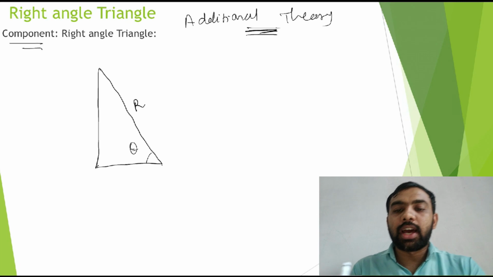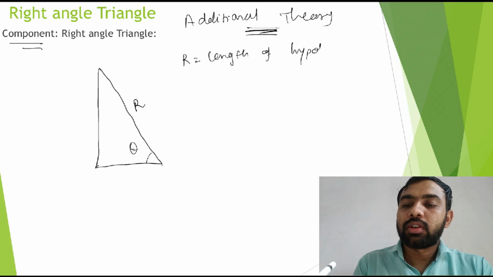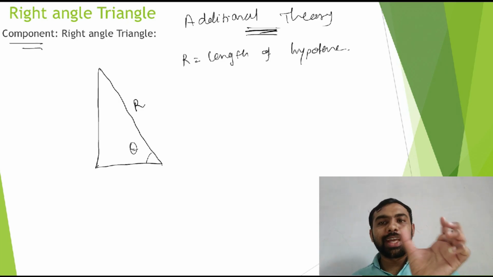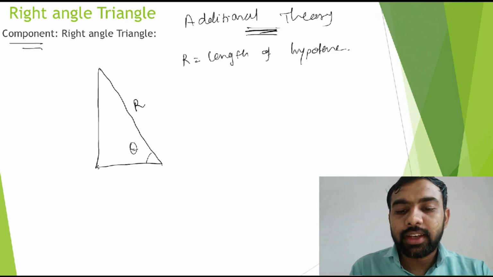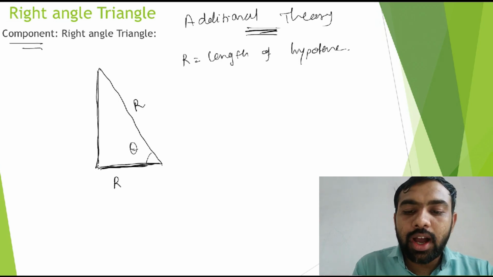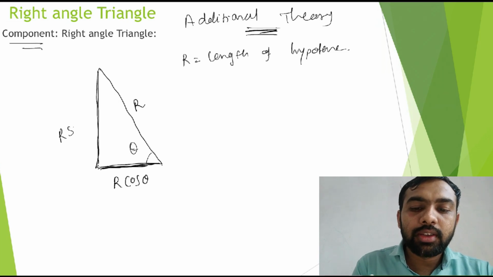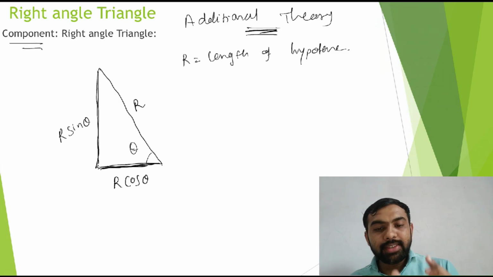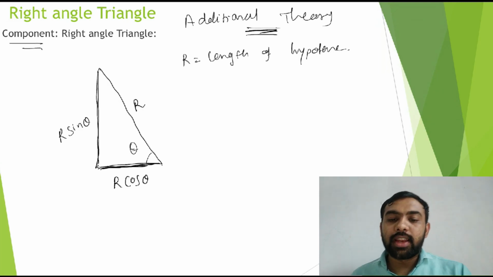You consider r as the length of the hypotenuse. So what is the adjacent side and what is the opposite side? Adjacent is equal to r cos theta and opposite is equal to r sin theta.